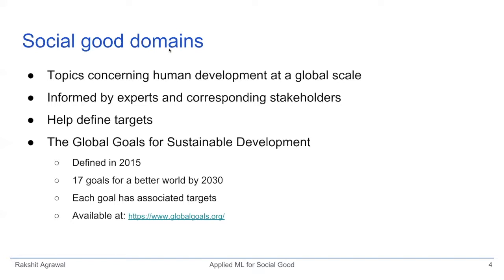They're more related to that space, but social good space is really big, and we might not know anything about some of those domains. So it's good to have experts and the real stakeholders define them in certain way, right?